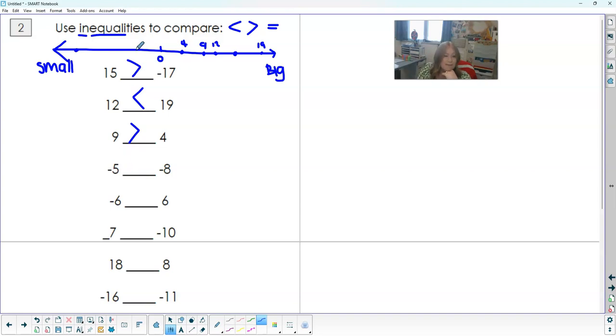Okay, now we have -5. So we'll go -5 right here. And then it'd be 6, 7, 8. -8 is here. So 8 sounds bigger, but because it's negative, it's actually smaller. So -5 is greater than -8. Now we have -6.